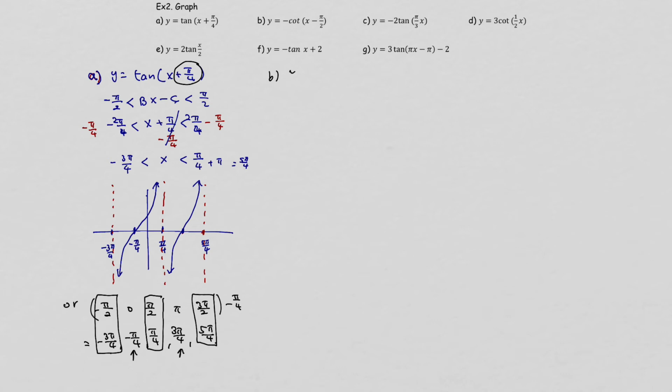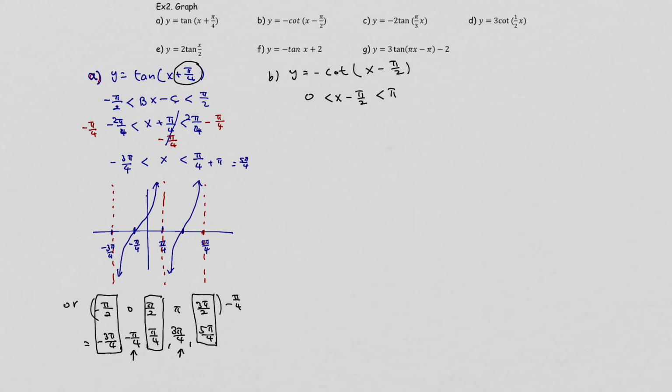Which is y equals negative cotangent of x minus pi over 2. Let's use the formula. So this is going to be x minus pi over 2 is smaller than pi and greater than 0.